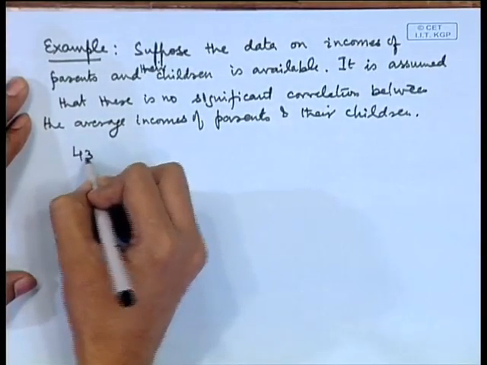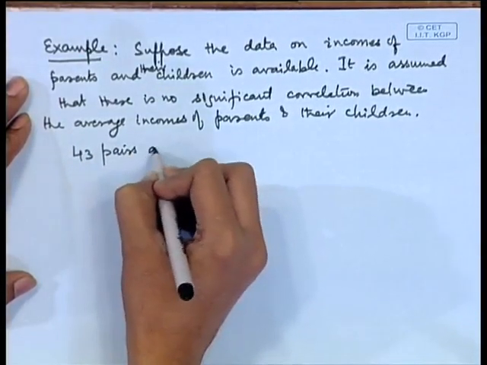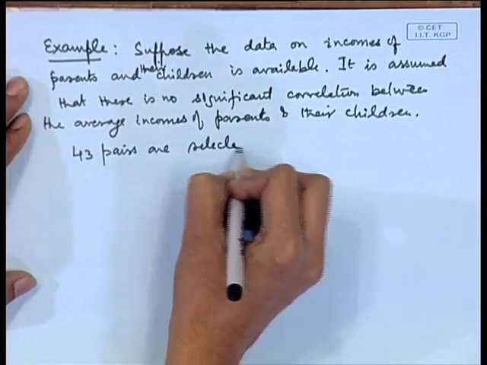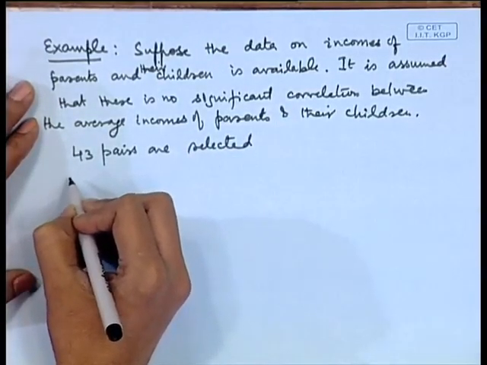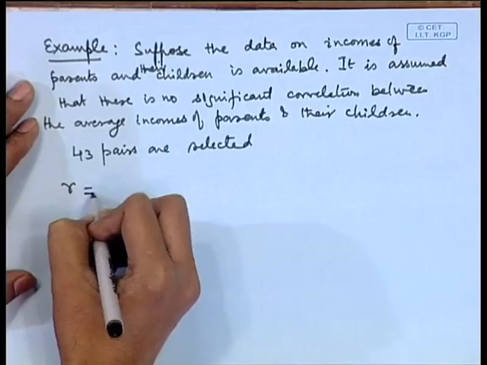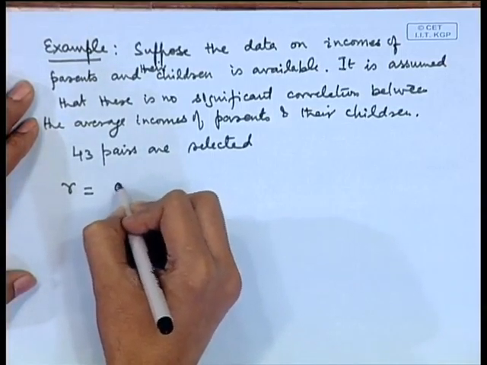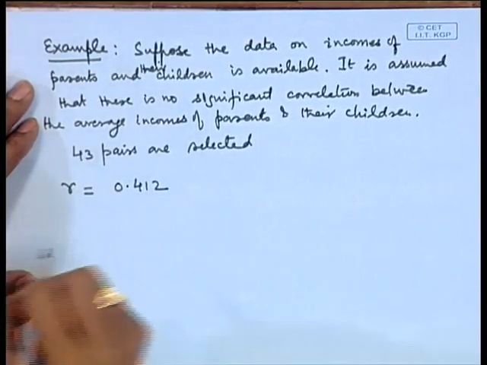So, 43 pairs are selected and their sample correlation was calculated, which turned out to be 0.412.